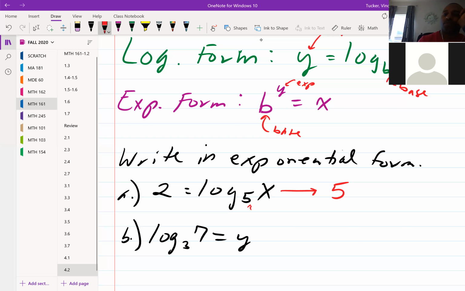So you notice when you look at the log here, what was next to the b is x, but then when you go down here, what's next to b as your exponent is your y. So it would be the other number. So here I have 2 is equal to log base 5 of x. So the 2 should be my exponent of the base, and then x will be on the other side by itself.